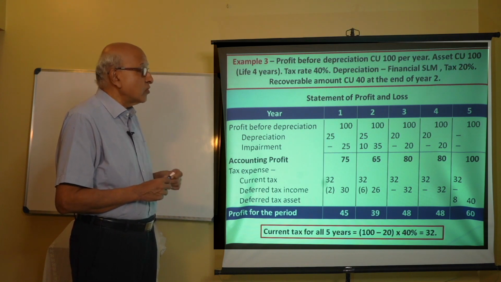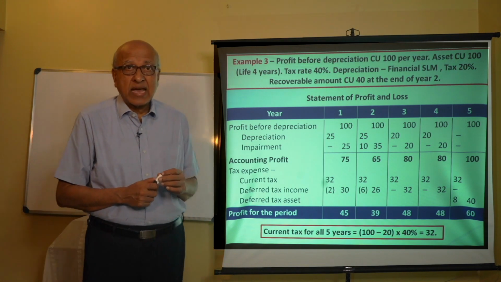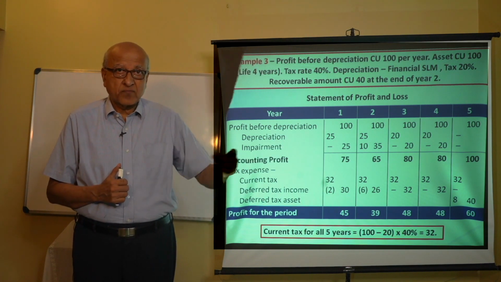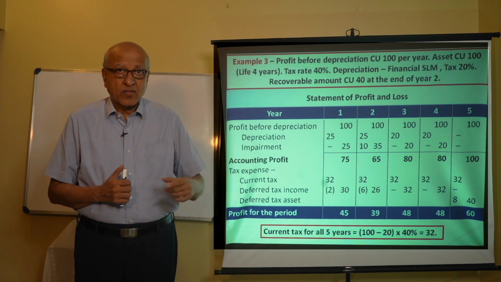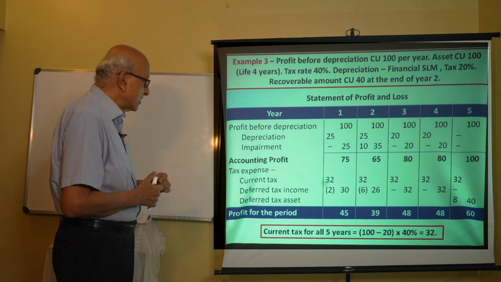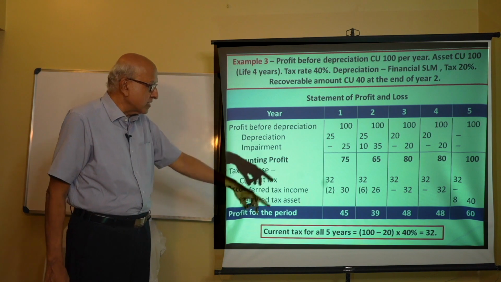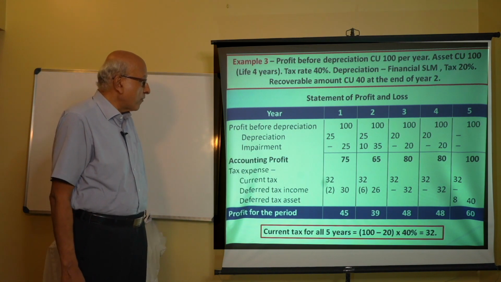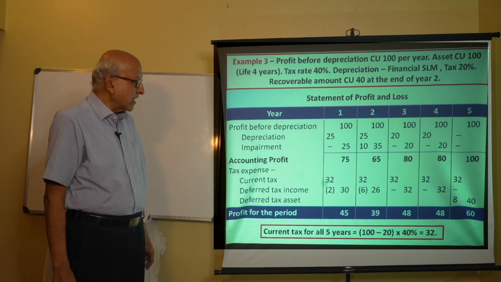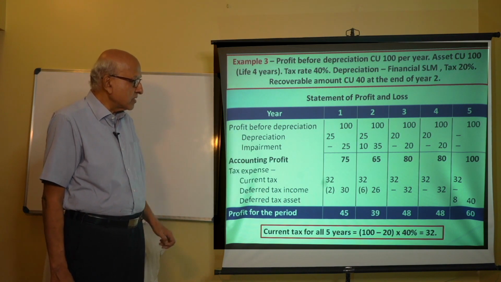For tax it is 20%. Income tax allows 20 rupees for 5 years. So what is the current tax? You see, current tax for all 5 years is how much? 100 rupees is my profit before depreciation. They allow 20 rupees reduction for 5 years. 40% is the tax rate.